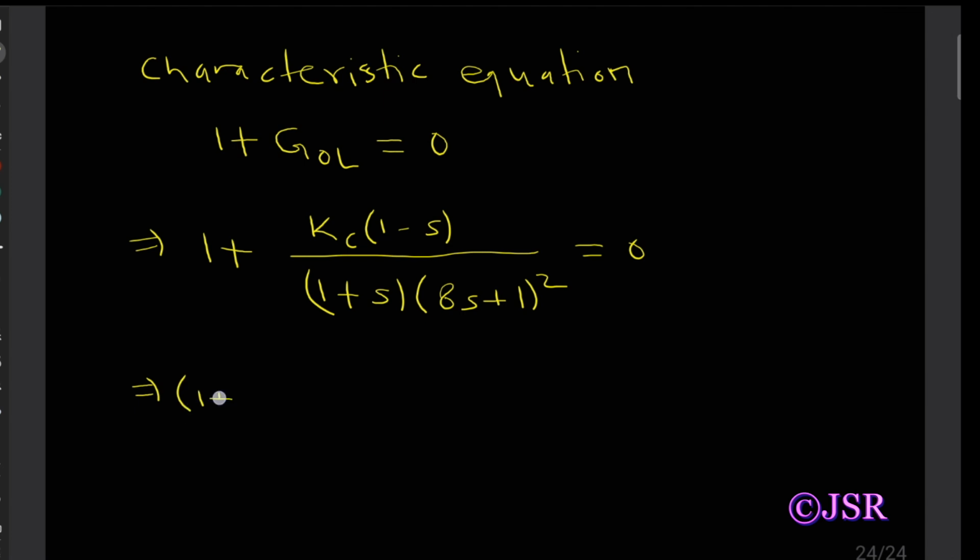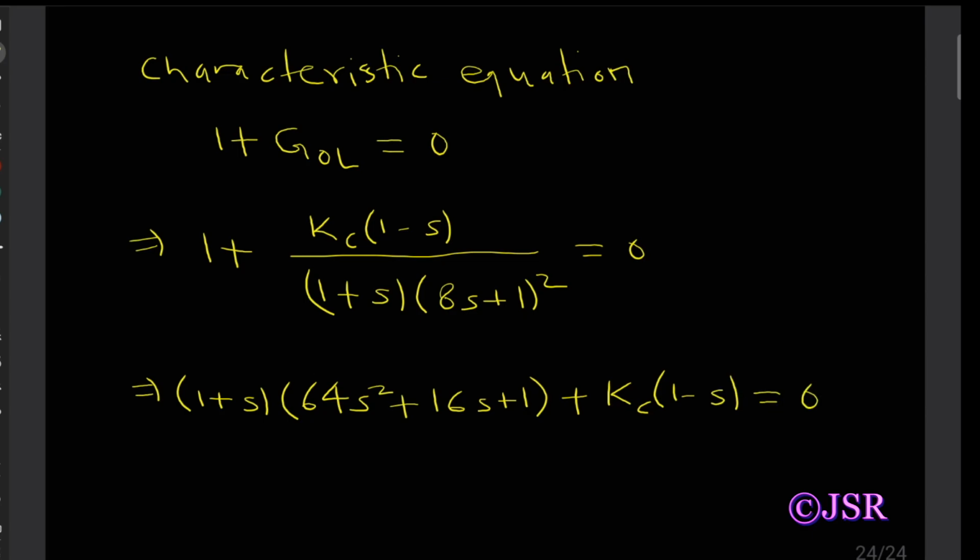So finally we will get (1 plus s)(64s square plus 16s plus 1) plus Kc(1 minus s) equal to 0.